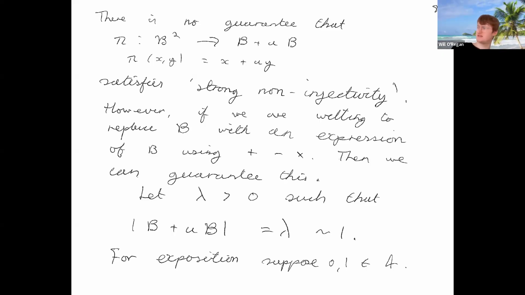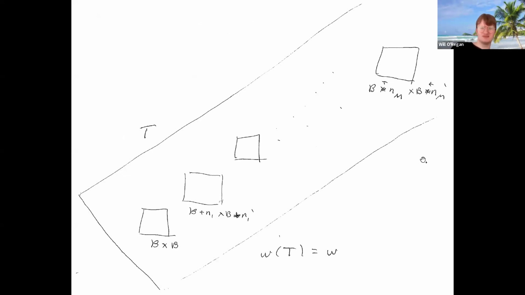So the convex hull of the support of this measure is essentially an interval of length about 1. So let's just suppose for ease that 0 and 1 are in A. There's no need to, it just makes things a little nicer. And now I'm going to draw this picture and try to explain how I force this non-injectivity.